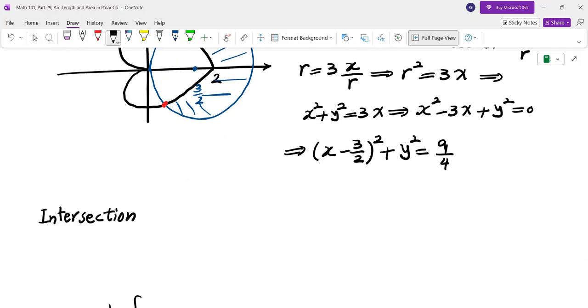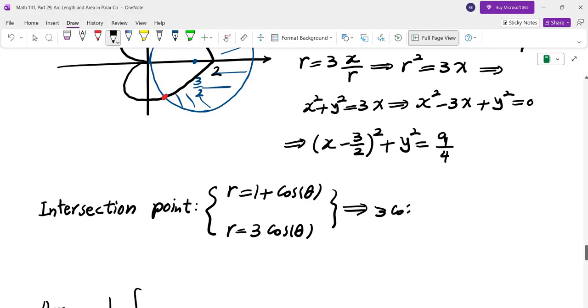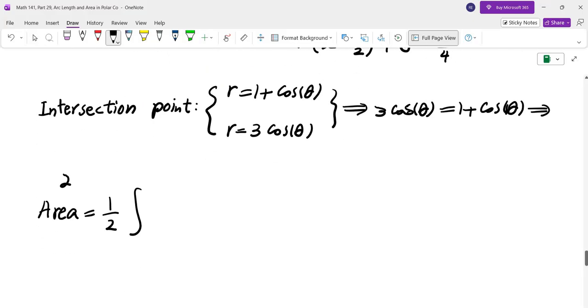Well, to find the intersection points, we need to solve the system. So we have r equals 1 plus cosine of theta and r equals 3 cosine of theta. So let's plug that in here. We get 3 cosine of theta equals 1 plus cosine of theta, which is to say 2 cosine of theta equals 1.